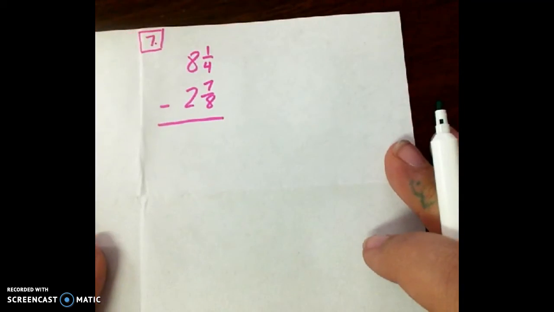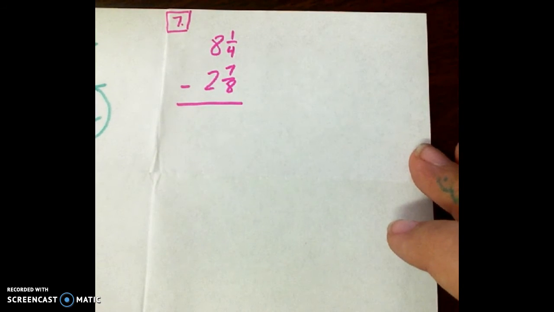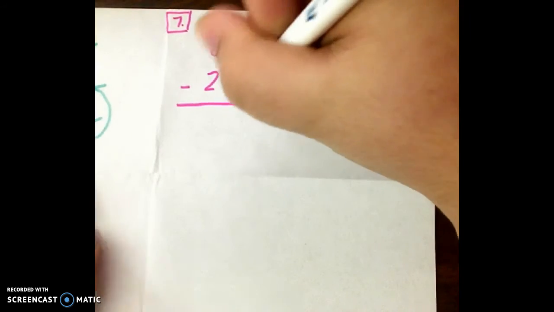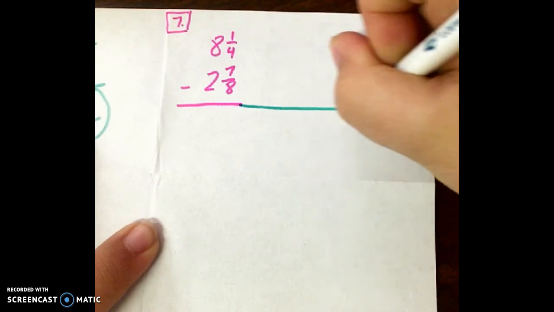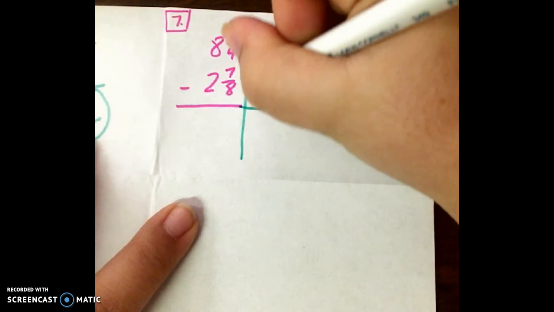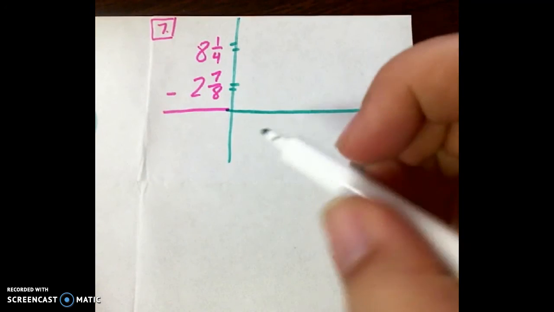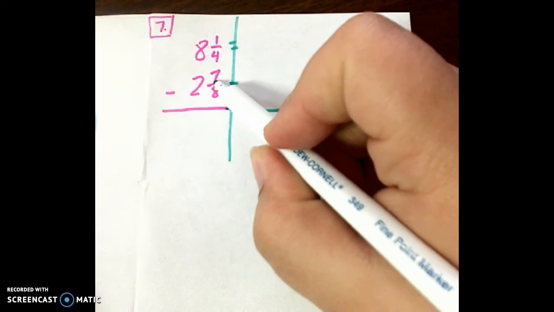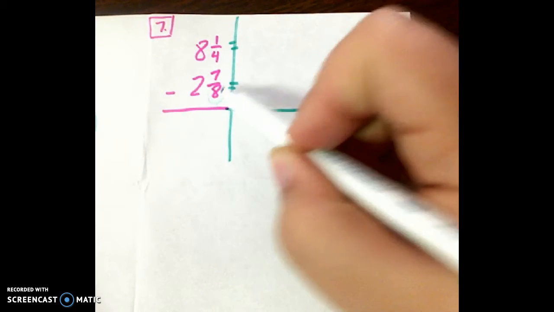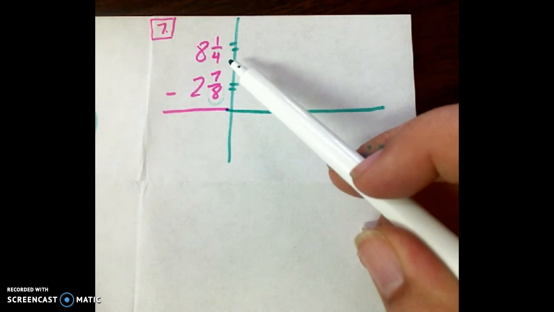Okay. All right, let's do the next one together as a class as well. We have 8 and 1/4 minus 2 and 7/8. The first thing I do is extend this line out to keep it organized. Put my equal signs. I'm going to draw my line that I love so much. I look at my largest denominator, and I look to see if the other number is a multiple of it.